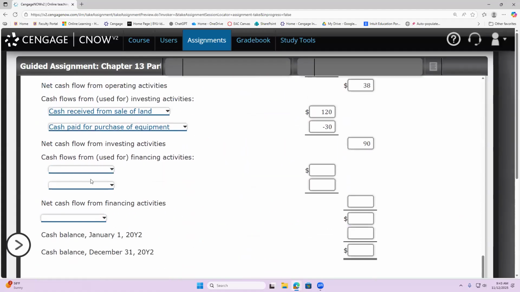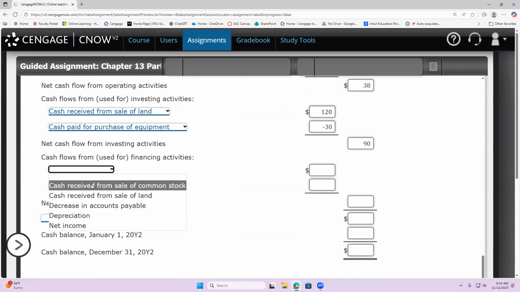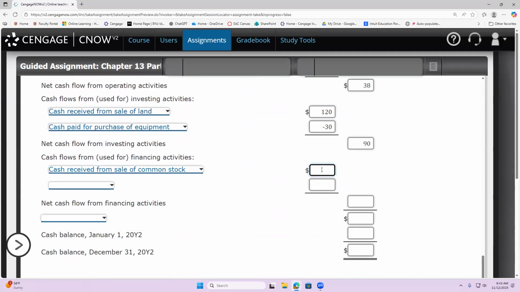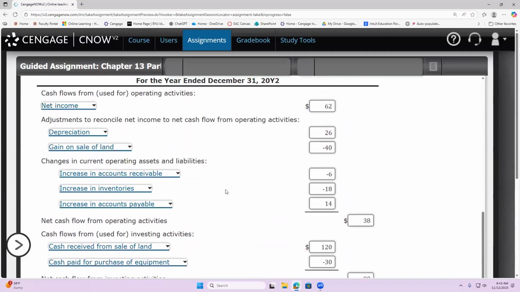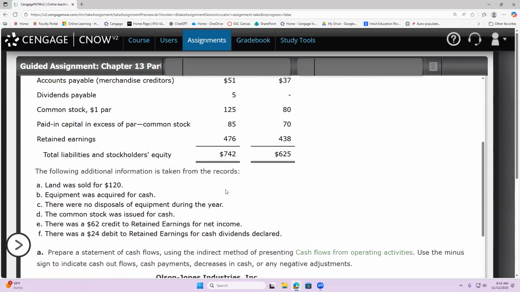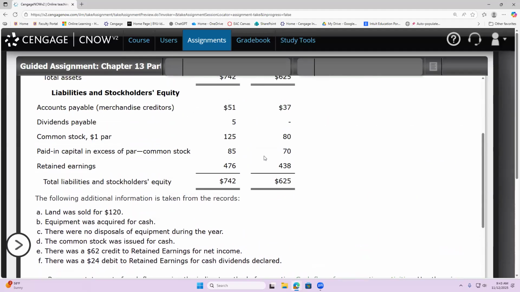So when we issue stock, that's an increase to cash. We're selling it. 45,000. No, 45. Is that right? Let me look at this. Did I do the math wrong? 80 to 125. Oh, there was also paid in capital in excess of par.